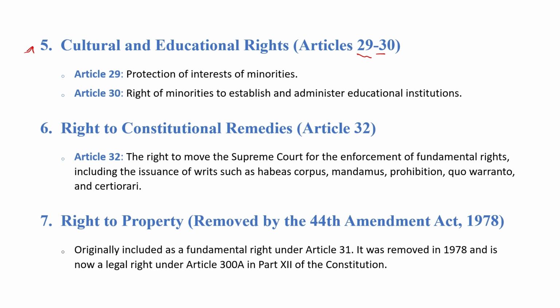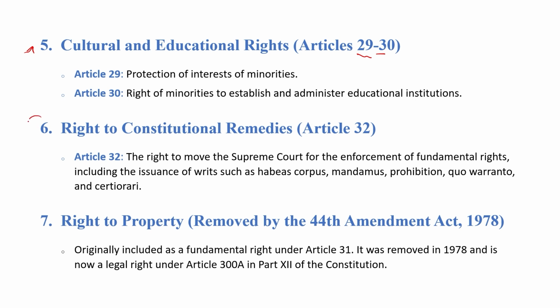According to Article 30, the minorities have the right to establish and administer educational institutions according to their worship and their practice. So it explains the cultural and educational right. 29 provides protection of interest of minorities, and 30 is the right of minorities to establish and administer educational institutions.